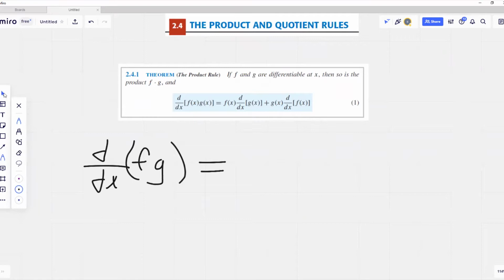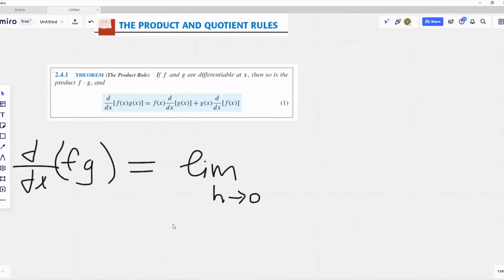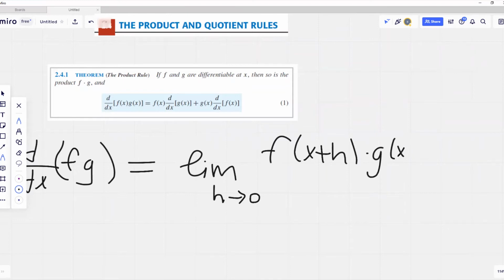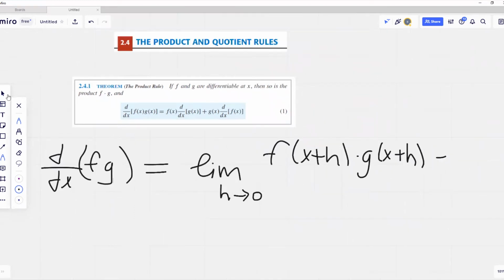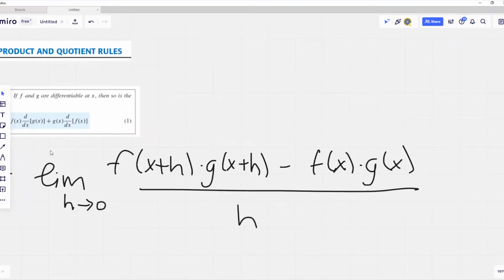So the derivative of the product of f and g can be expressed as the limit when h is approaching 0 of our product of functions at point x plus h minus their product at point x, divided by h.